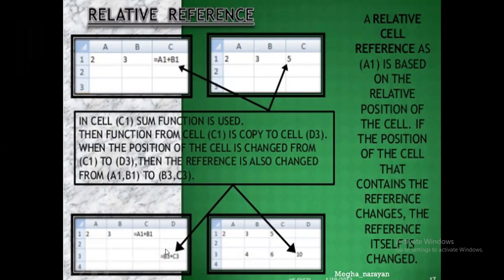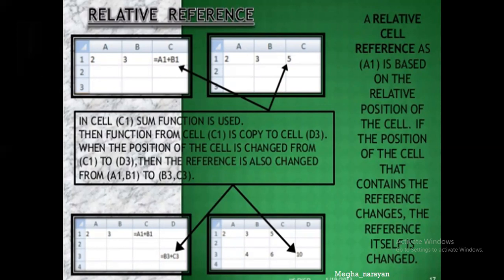Same formula I have copied to another set of cells. Kindly look here carefully. The cell address has changed. Earlier it was A1 plus B1 in the formula. Now it is B3 plus C3 in the formula. There is a change in cell address when you copy the formula.